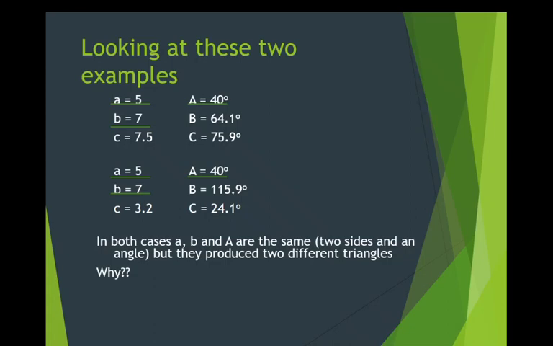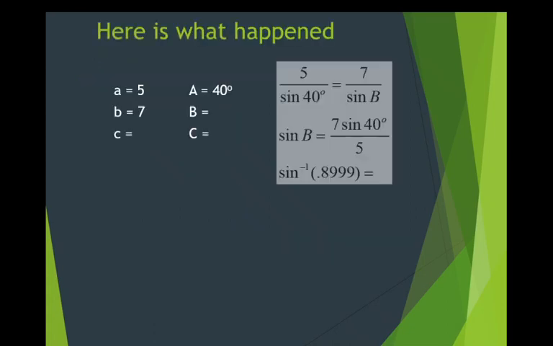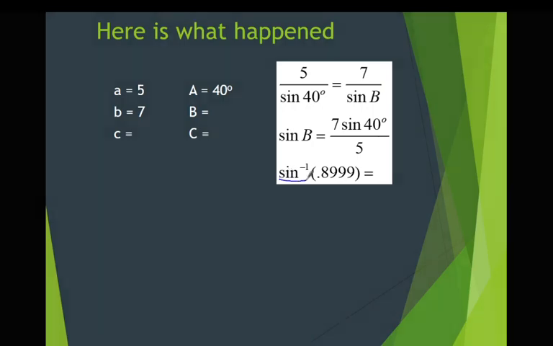Why? And it actually comes back to what we were just studying with the inverse trig functions. If we look at it and we say, okay, when we solve it, we actually have to solve for angle B doing this, using the inverse sine function, the arcsine. Okay? And 0.89, that's in the first quadrant.